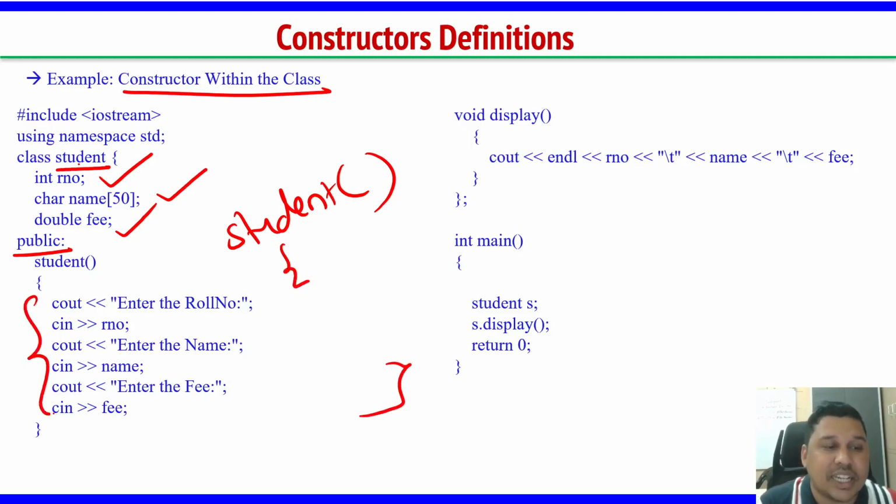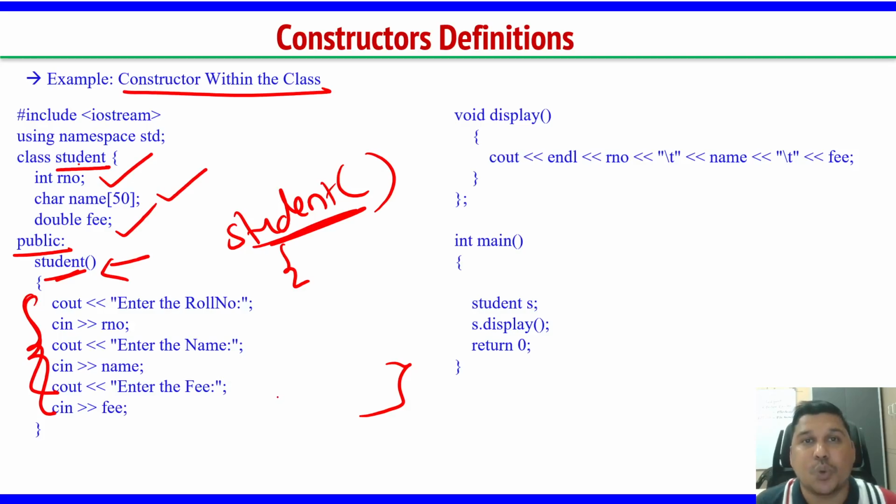Writing student like this is defining a constructor. Whatever statements are inside this constructor will be executed when you create an object. Inside the class there is another normal function, a void display function.